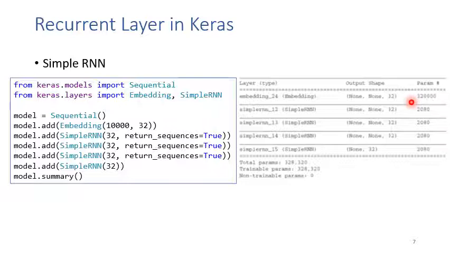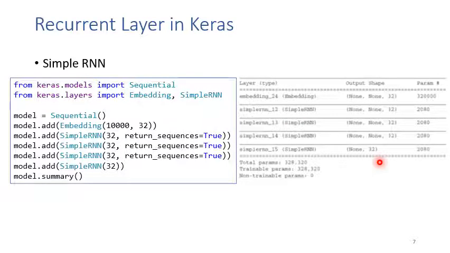Let's see the number of parameters in each layer. For the embedding layer, it's just the input dimension 10,000 multiplied by the output dimension 32. So it's 320,000. And for the SimpleRNN, right?